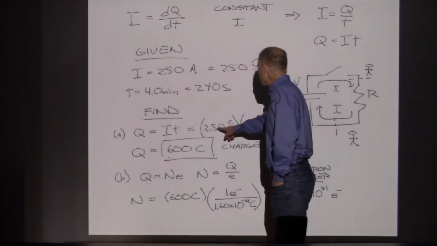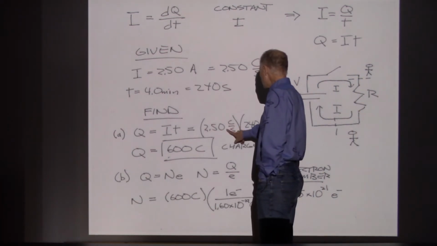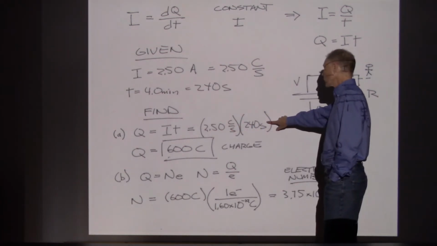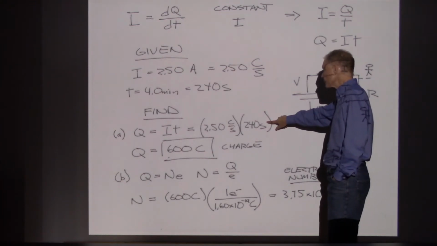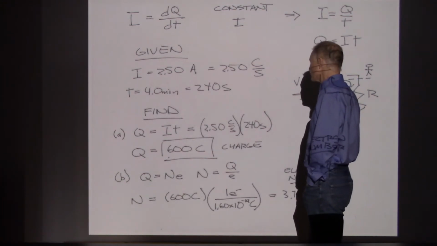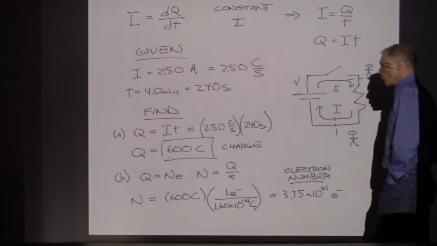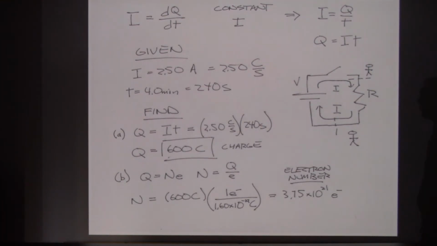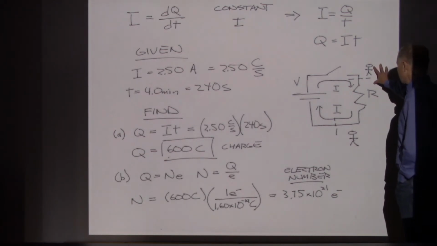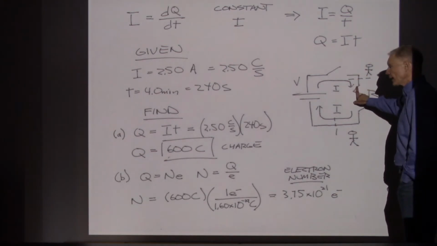It's going by at a rate of 2.50 coulombs per second, and we allow this to go on for 240 seconds. If we just multiply those numbers together, we end up with 600 coulombs of charge that have passed by this location.